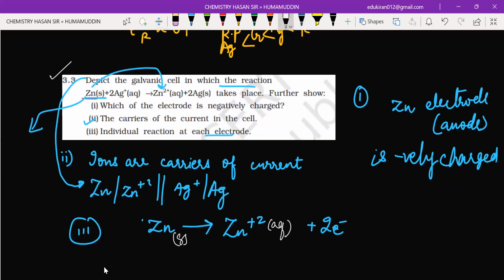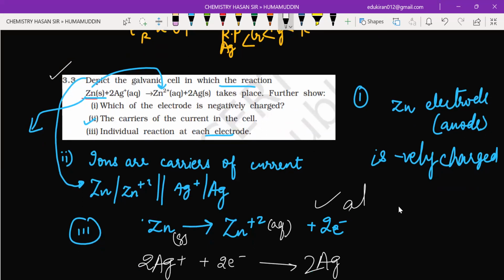Now, what will happen? Ag plus comes into play, and it will gain 2 electrons. To gain 2 electrons, you should have 2Ag plus converting into 2Ag. This is at the anode, and this is at the cathode. I think it's clear to both of you, right? Yes.